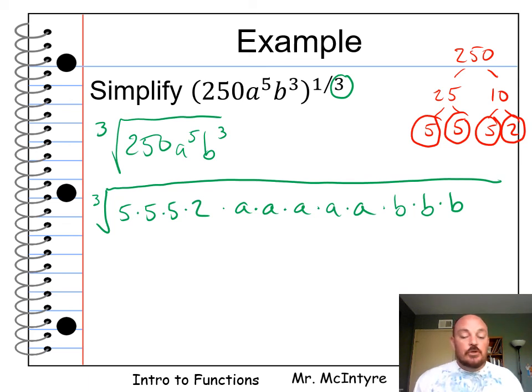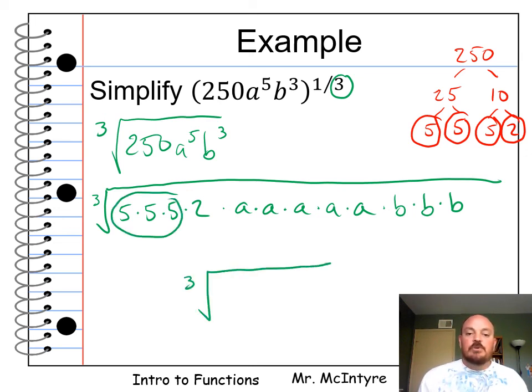Now because it's a cube root, I'm looking for groups of 3. I have 3 5s, so let me set up for my answer here. I'm going to draw my blank cube root in here. I have 3 5s, that'll give me 1 5 out front. I have 3 a's, that'll bring 1 a out front.